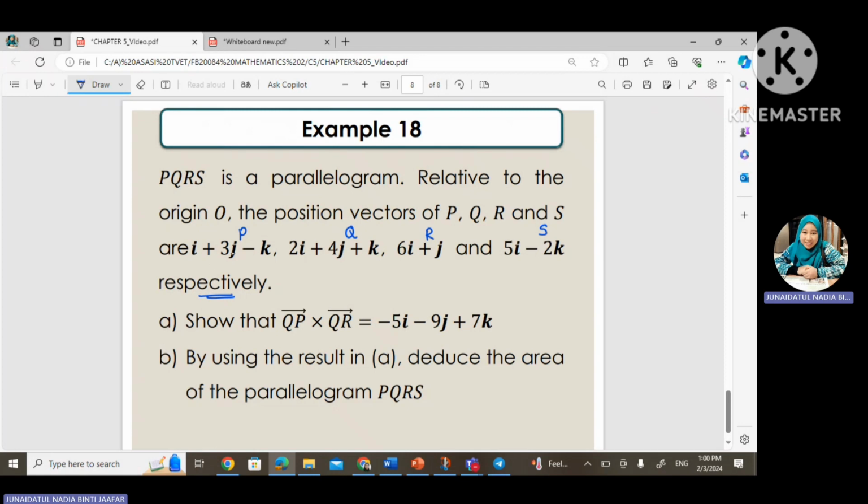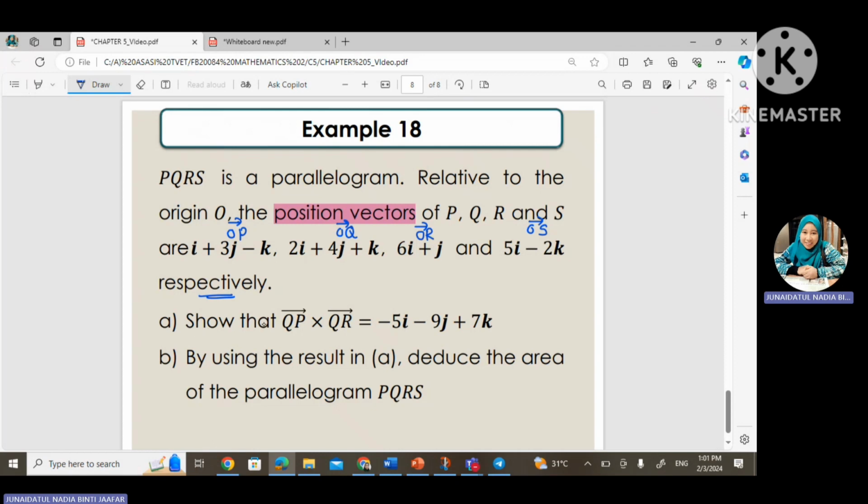But these are not just PQRS, they are position vectors. So the keyword here is position vector. Actually these are OP, OQ, OR and OS, which must start from the origin.